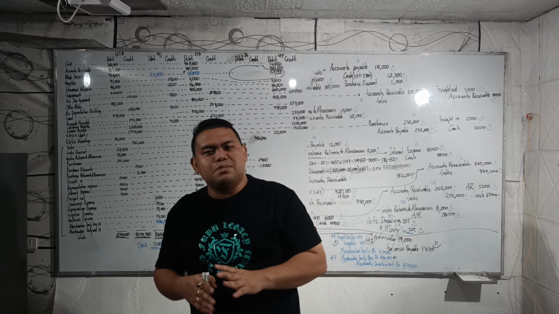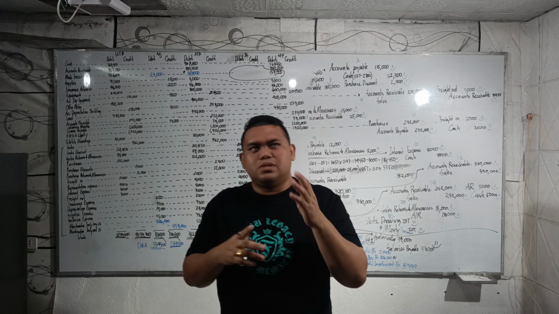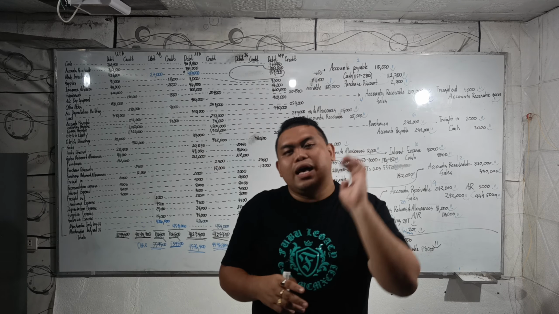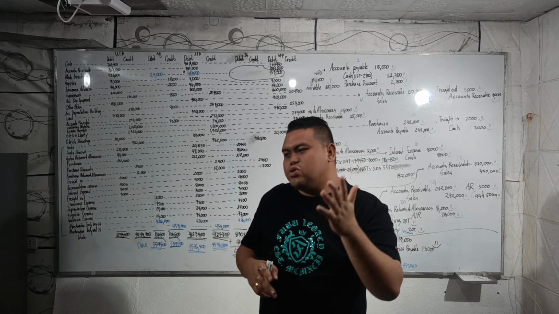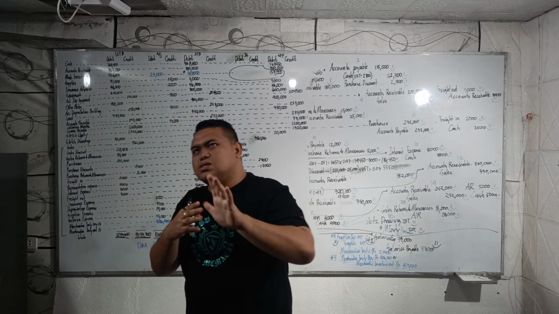Fourth, we have the statement of changes in capital. So this explains why the statement of financial position has a capital balance like this and like this. And then the notes to financial statements.